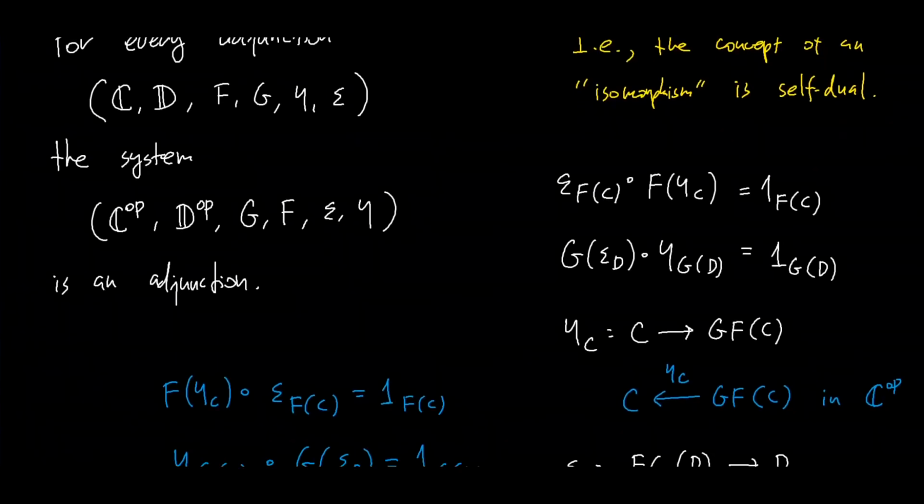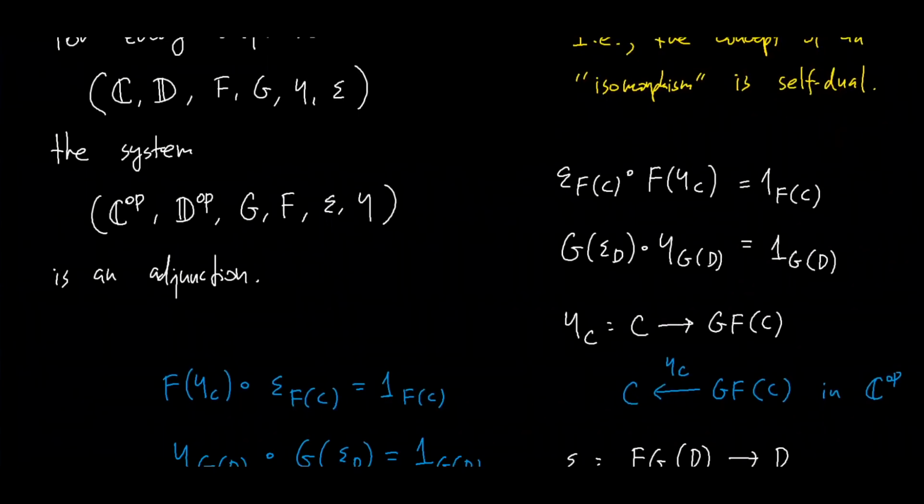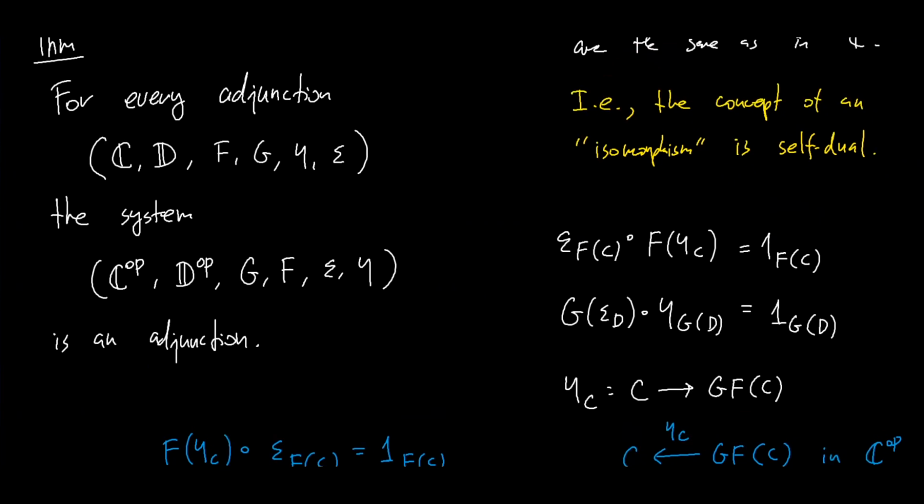This is a very important fact as well, because in the previous lecture, when we defined limits, we said that the right adjoint always preserves them. The right adjoint in an adjunction always preserves limits. Dualizing this theorem, we will get that, remember what happens to the right adjoint?